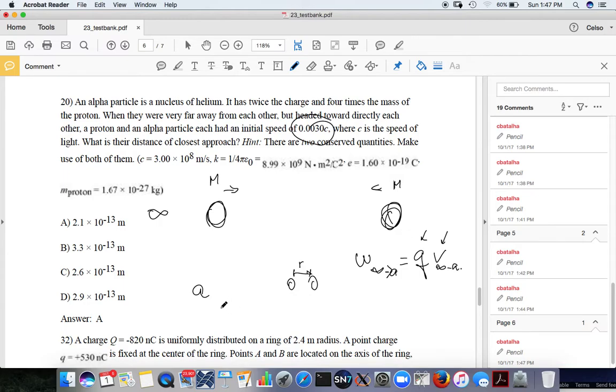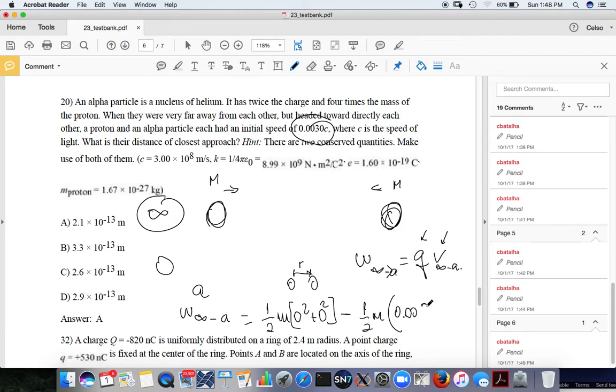So basically the work done from here to there, which means from this configuration when they are apart to this configuration when they are very close, is equal to the change in kinetic energy: half m final speed squared, which should be twice, right? Because they both stop, minus half m and the kinetic energy they have initially, and then do the same for the other one, right?